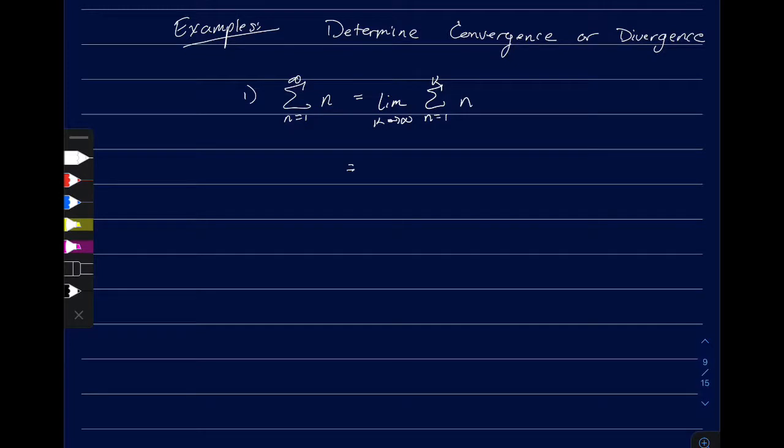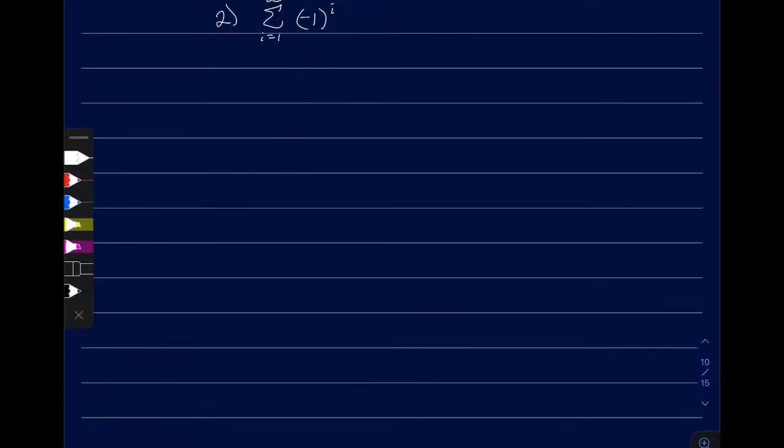This is a special type of series, and the sum is going to be k times k plus 1 over 2. And we'll take the limit as k goes to infinity of this. Since we know that this goes to infinity, our sum from 1 to infinity of n is equal to infinity. So this series diverges.